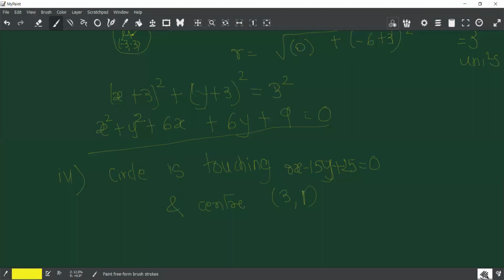Tell me when you finish this. क्या है आंसर? x square plus y square minus 6x minus 2y plus 6 is equal to 0 is the right answer.